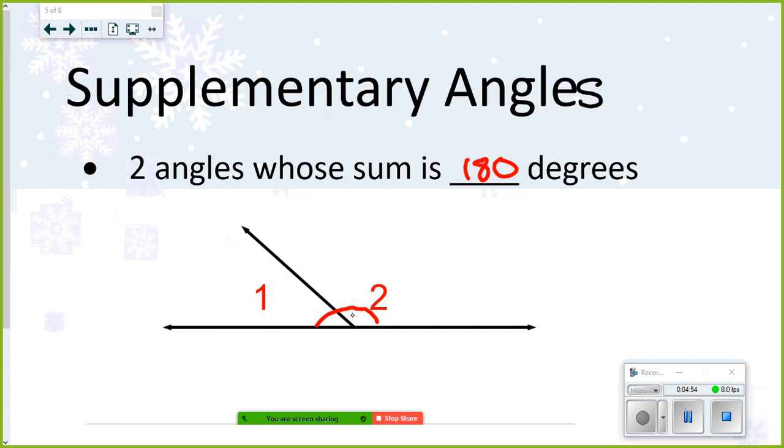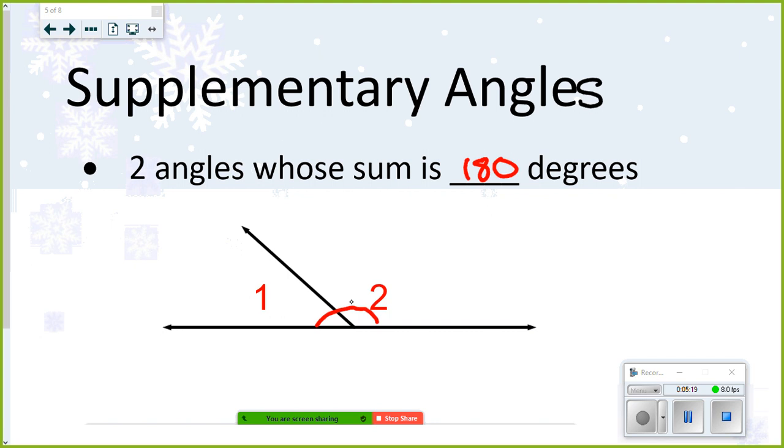A straight line is always 180 degrees. If you take a straight line and split it into two angles, those two angles will add up to 180 degrees. So if I told you what angle 1 was, you could figure out what angle 2 was. So we've got complementary, supplementary, and vertical angles. Those are the three angle relationships we're looking at.